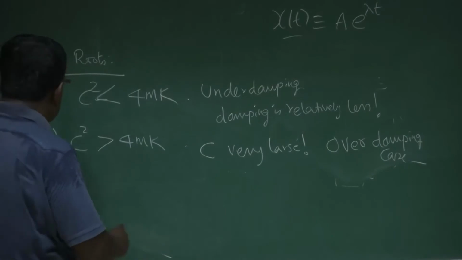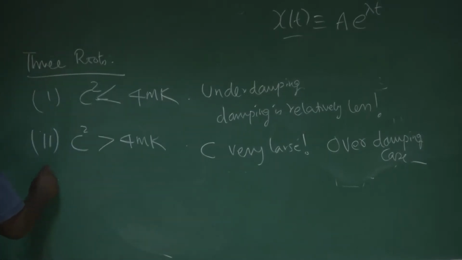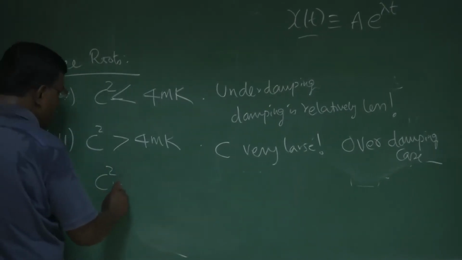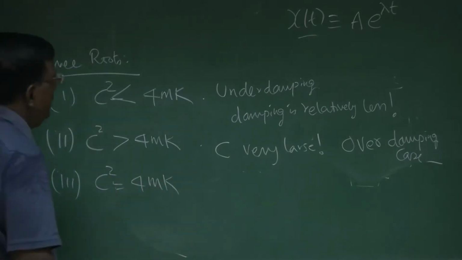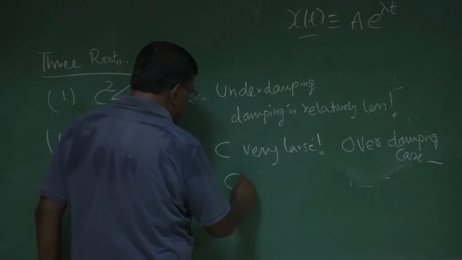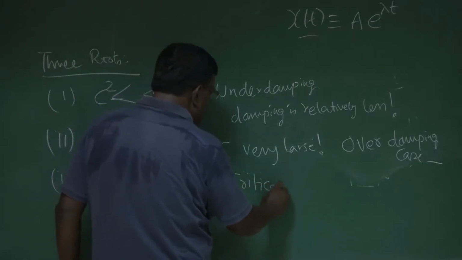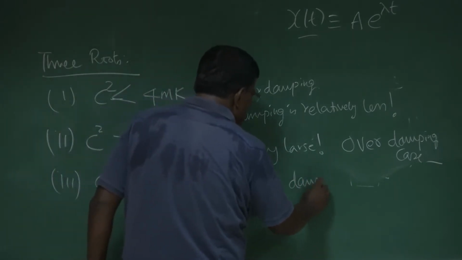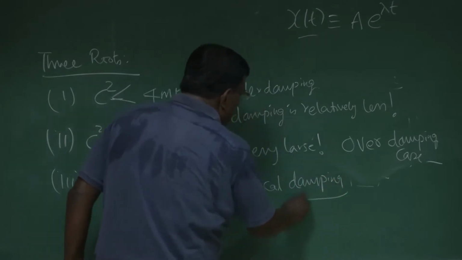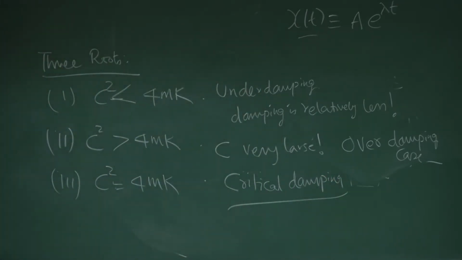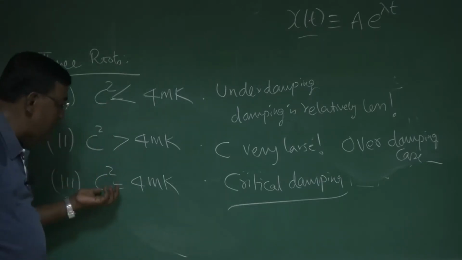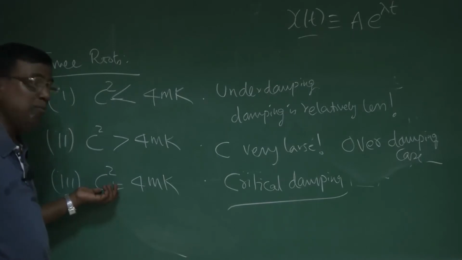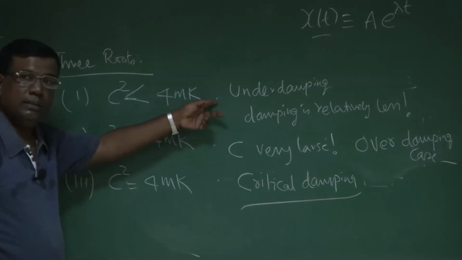And third one, obviously, comes to your mind, you're all mathematicians, when c squared equals 4mk. And we'll be referring to this as critical damping. One thing should be very clear at this point. If the c is less than c corresponding to critical damping, then it will go to underdamped.